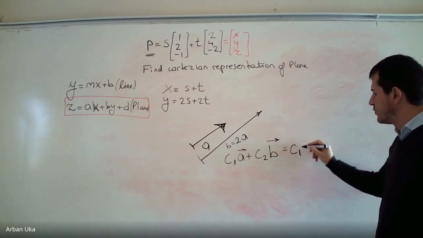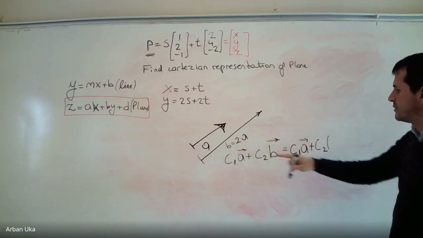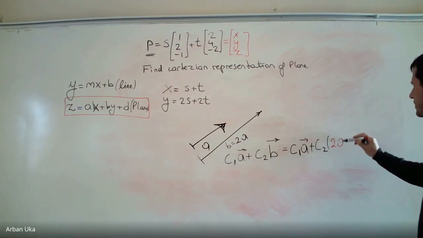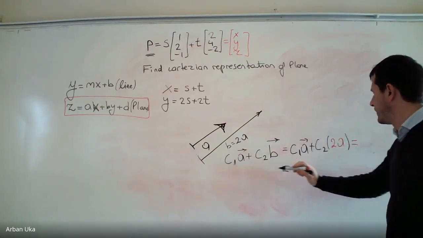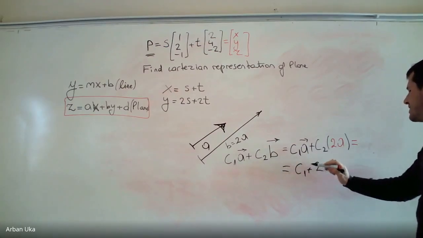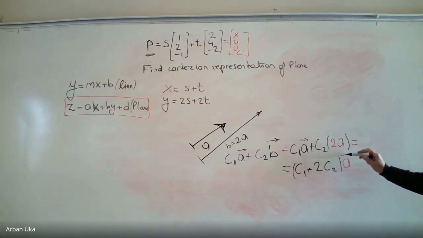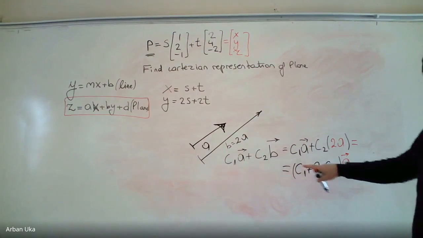We can write C1 times A plus C2 times B, but B is equal to 2A, so we can write it like this, and this would be equal to C1 plus 2C2 times A. So we see that this is just a constant times A. So this is a line.